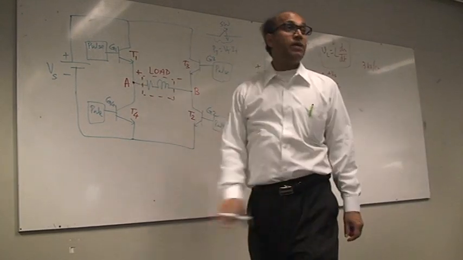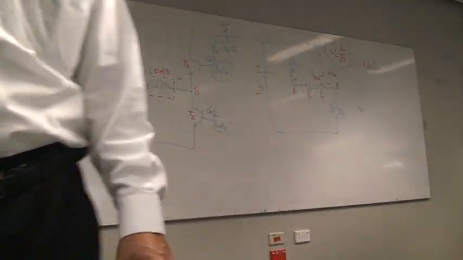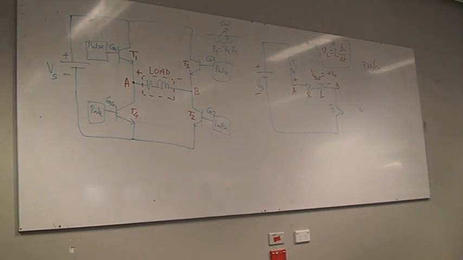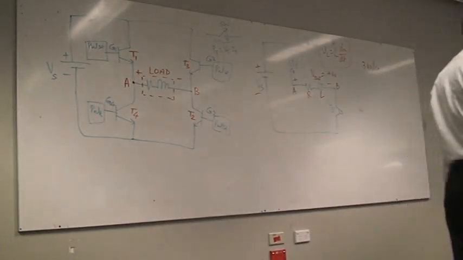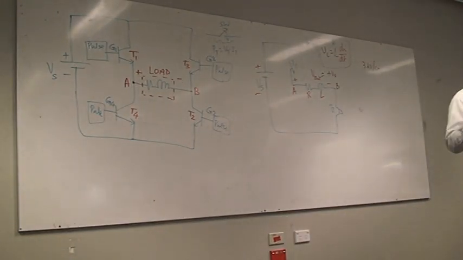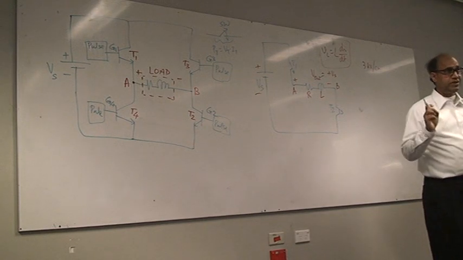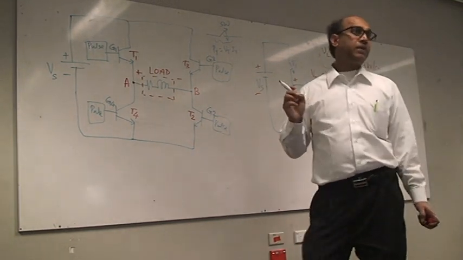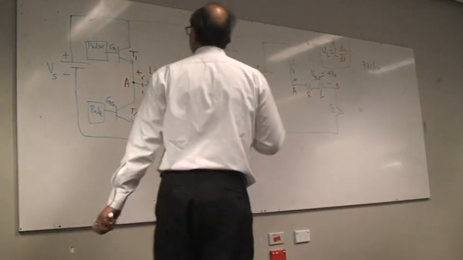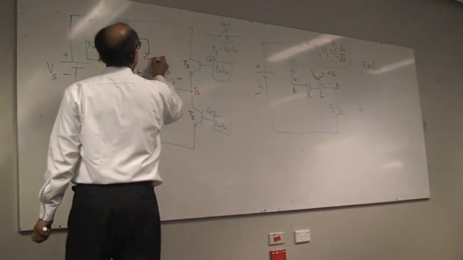So that means there is some problem in my circuit here, which is not complete. What did I miss? Whenever you have any inductive load in a transistor-based circuit, in a power electronics based circuit, you must provide a path for the inductive current to pass through. So all these transistors need to be saved.